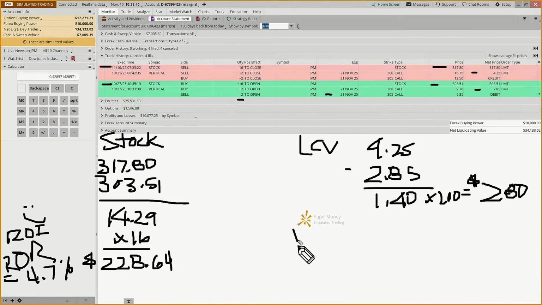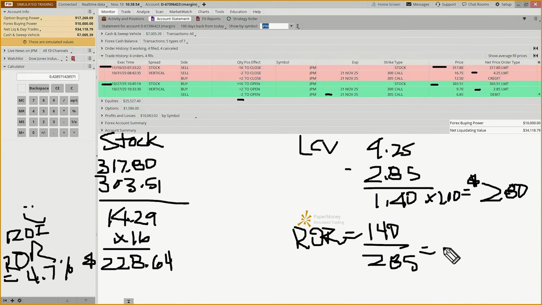Where here, our return on our risk, we were risking 285 a contract, we made $1.40. So that came out to 49%.